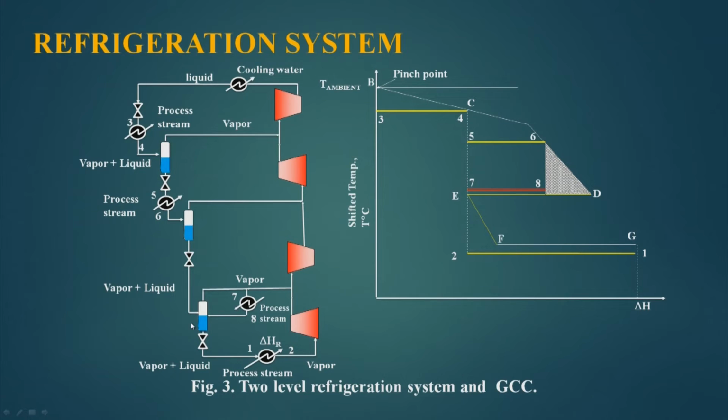This vapor from this vapor liquid separator also goes to this input of this compressor, but a part of vapor is being cooled by the process stream which is available from here to here, and the liquid vapor mixture may be sent to here.